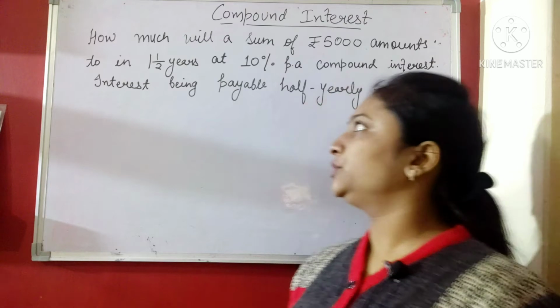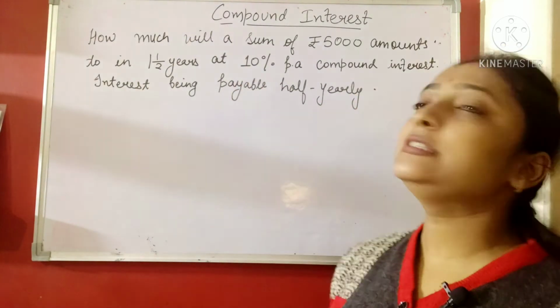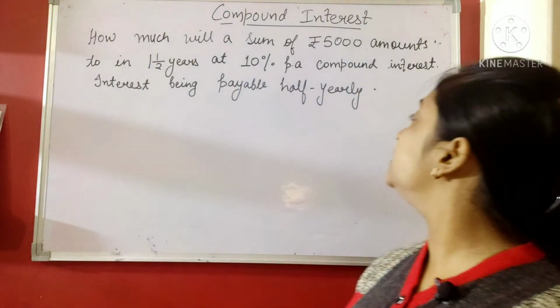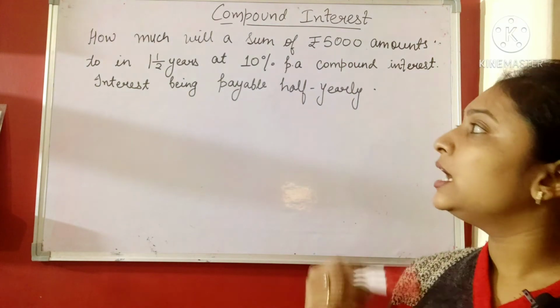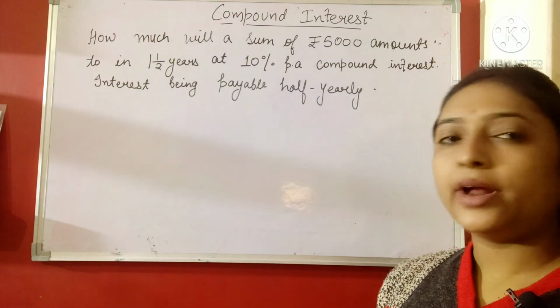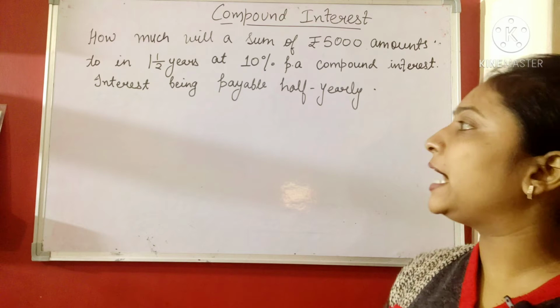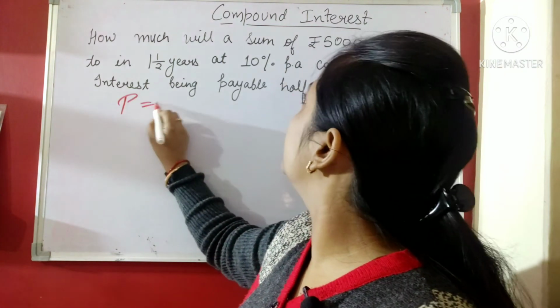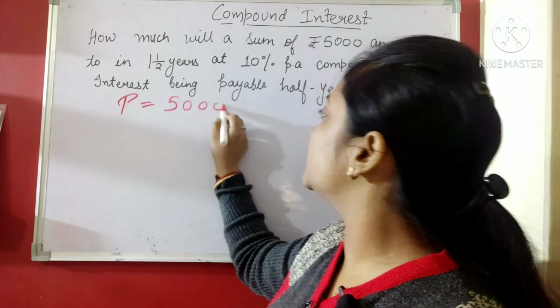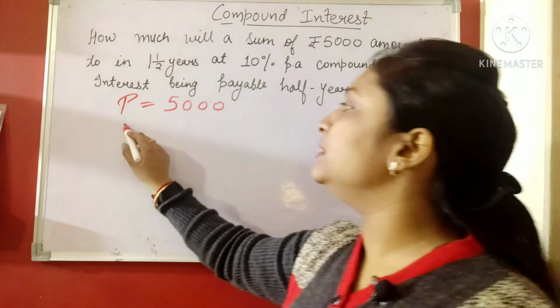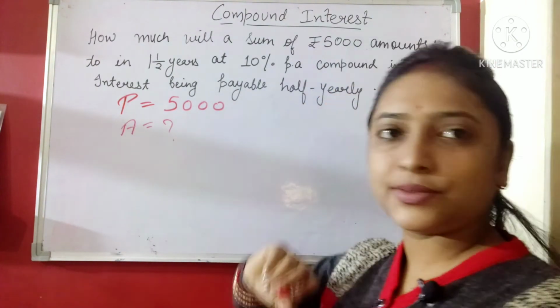Here we have the question: how much will a sum of rupees 5,000 amount to in 1.5 years? That means principal in this question is 5,000. Amount is asked.